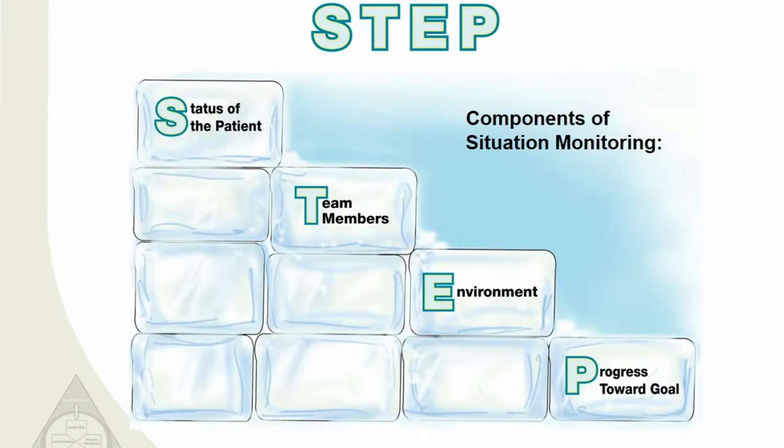One way to do this is the STEP process. We look at the status of the patient, we look at the status of our team members, we consider the environment that we're in and how we're moving forward. And it's not just looking at the patient, it's not just the team member, it's all these things put together. And these things are not just the responsibility of one team member, it's a responsibility of the whole team to think about these things.